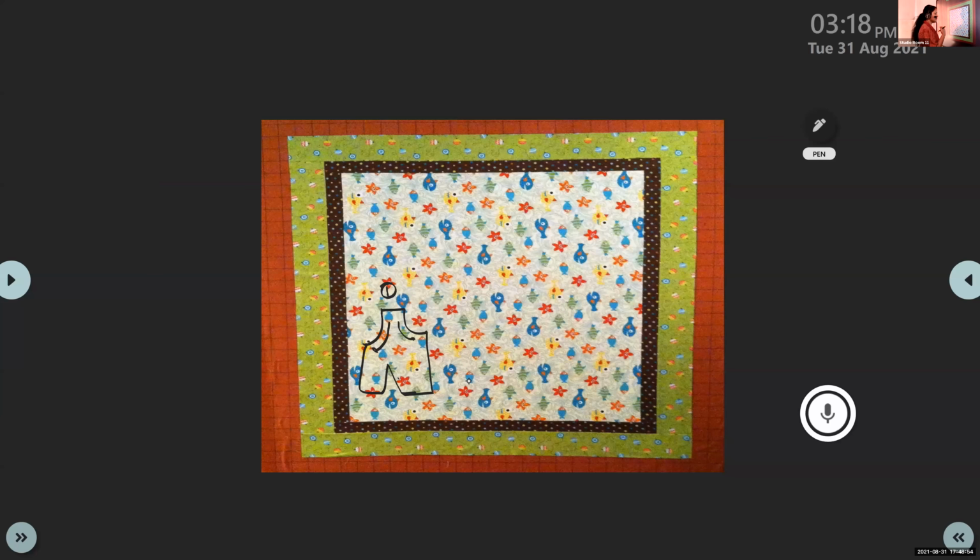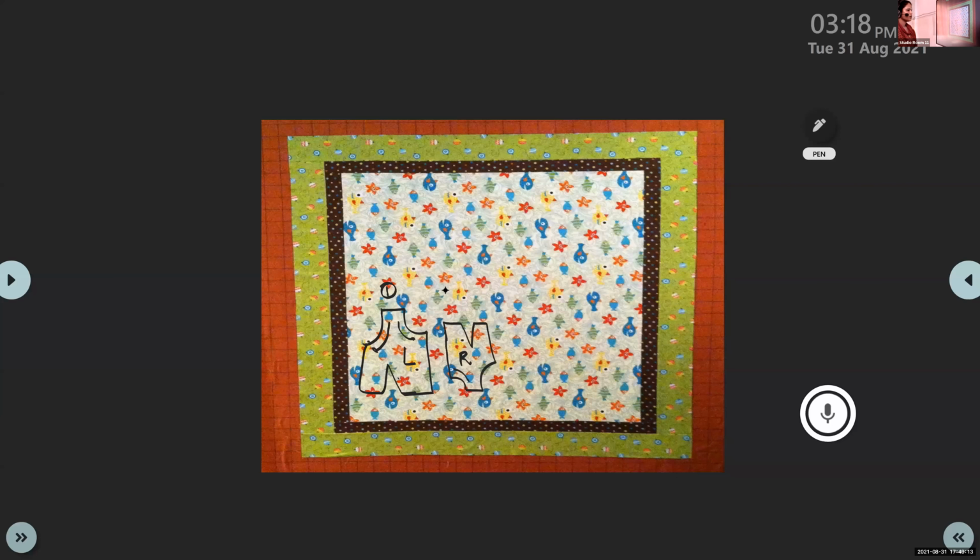Neckline, armhole. I just kept my second pattern upside down. The first pattern is kept straight. And the right side pattern, I placed it upside down.